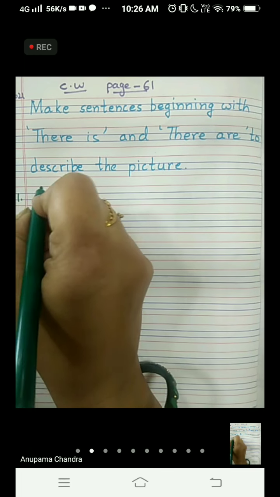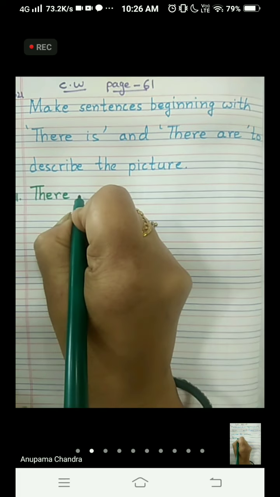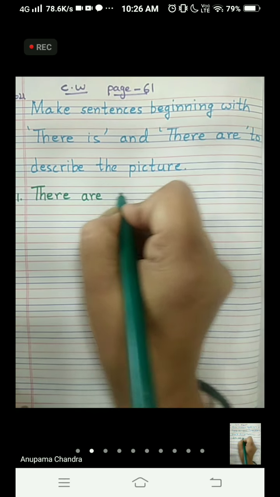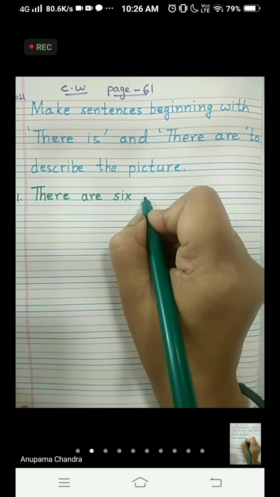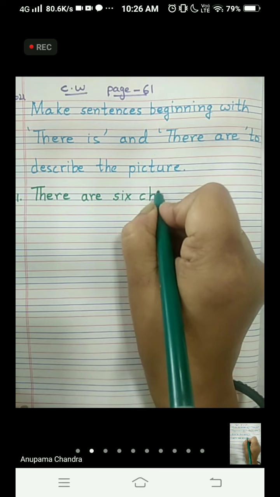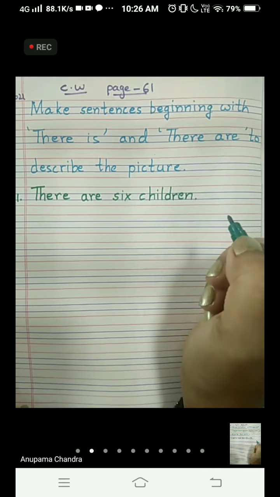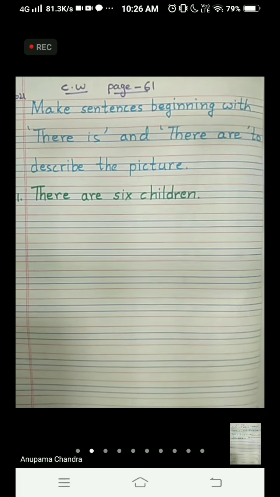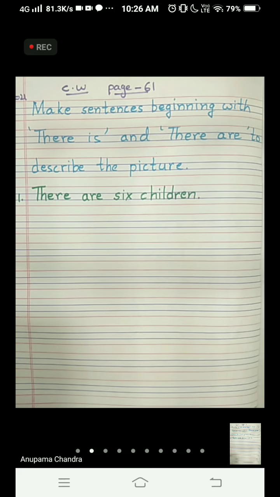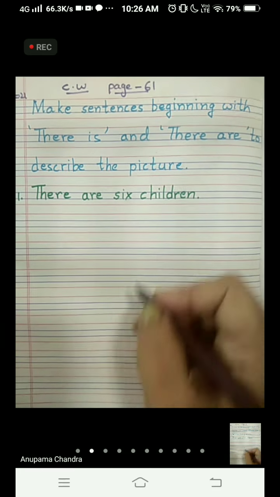Okay, and the sentence is there are 6 children. This is already given in our book. And the next one we made is, yes, children.